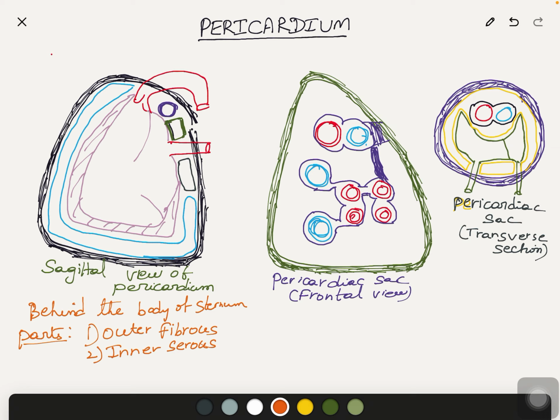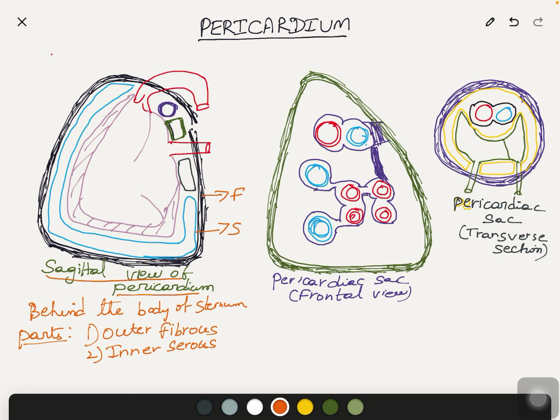This is the sagittal view of the pericardium. The outermost is the fibrous pericardium, and the next is the serous pericardium. First we will see the fibrous pericardium details, then we will move on to the serous pericardium.